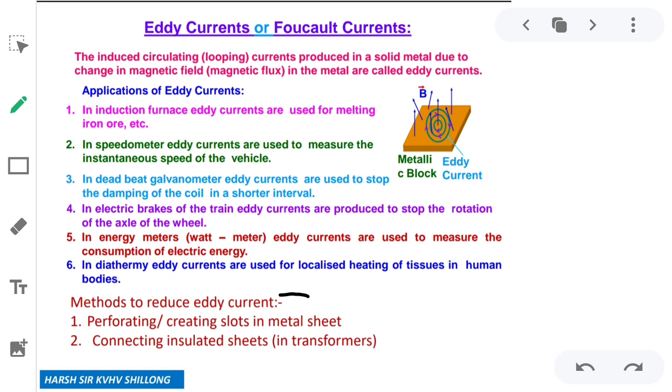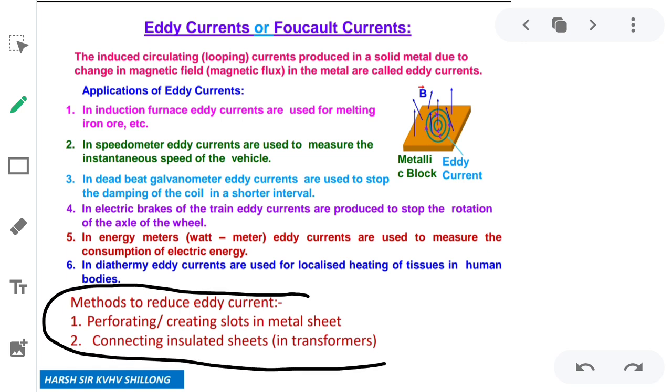One more point is here, how can we reduce eddy currents? Because in certain situations we won't need eddy currents. Eddy currents are helpful also, but sometimes they create problems. So how can we reduce them?